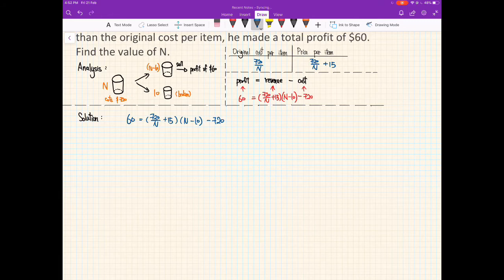First, we can move negative 720 to the left-hand side. We get 780. Then we can expand the brackets. Let us multiply one by one.